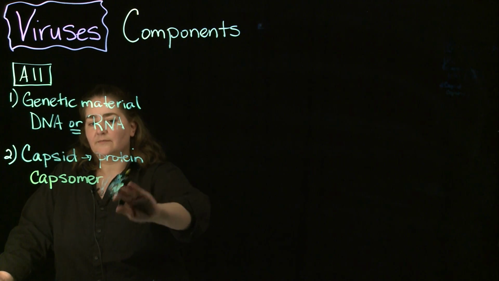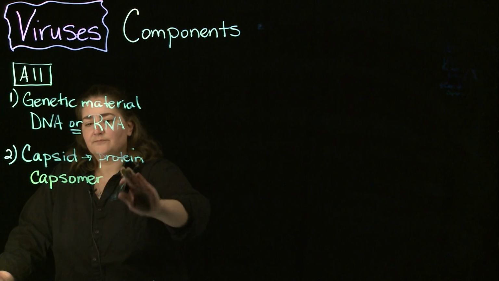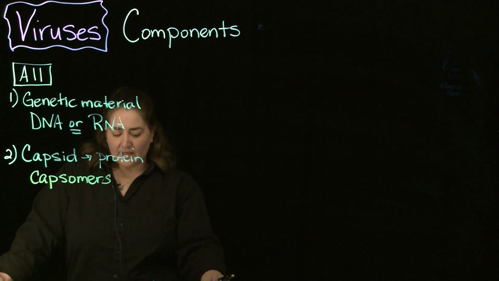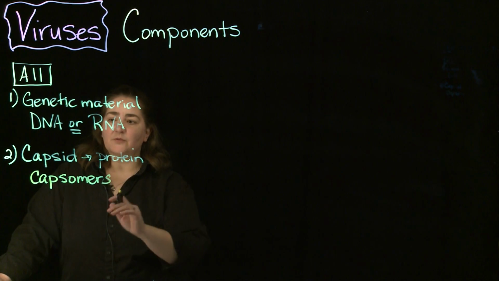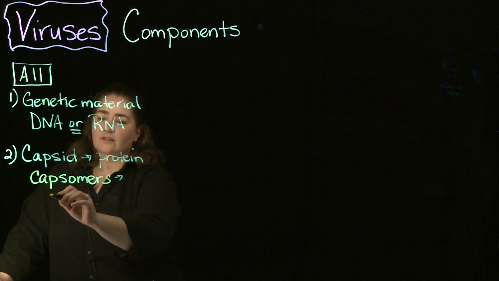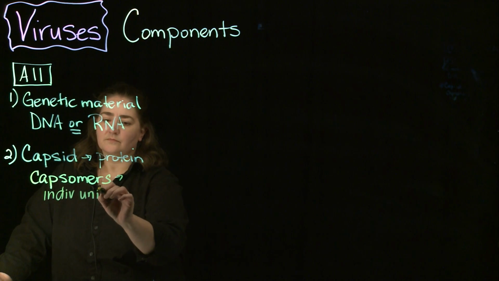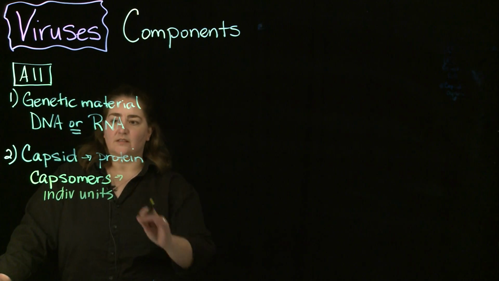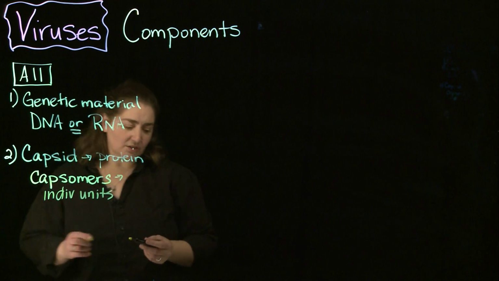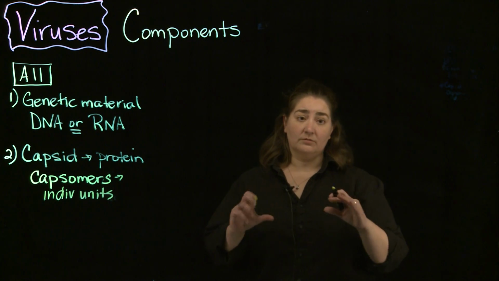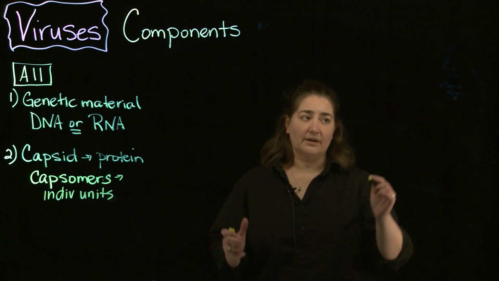I think I misspelled that. I don't think there's another E there. Capsomers. The capsomers are the individual units of protein. The capsid actually makes up the entire coat around the virus.